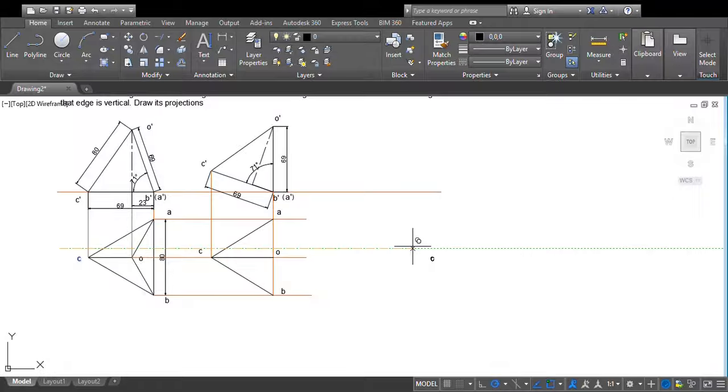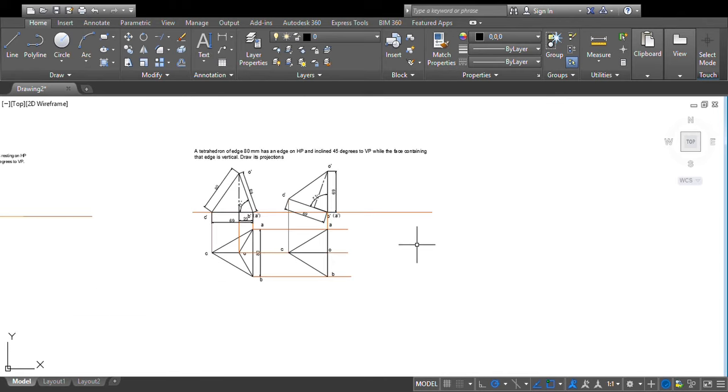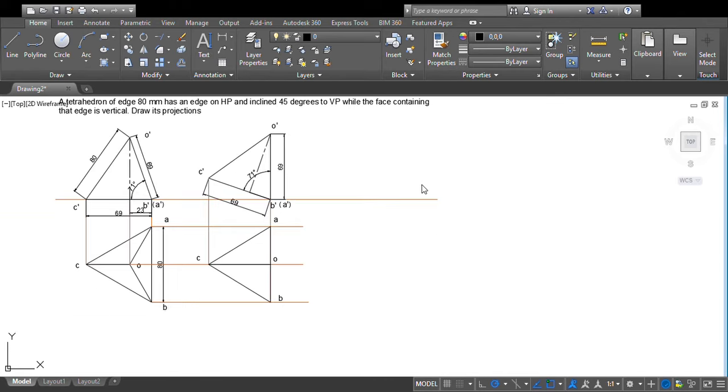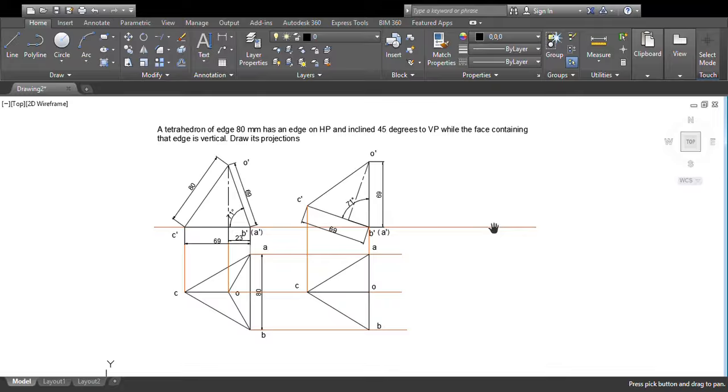Now once I got all these lines, next we have to clear the horizontal plane angle. In horizontal plane, it is given that the object is resting on this base AB. That base is inclined 45 degrees to vertical plane. So I have to turn this at 45 degrees.